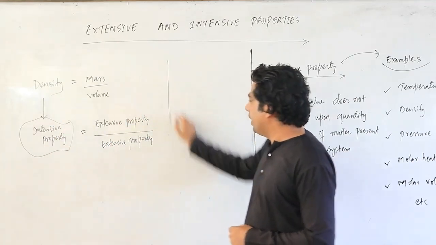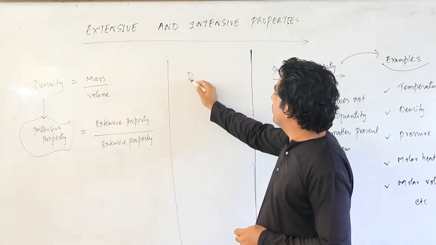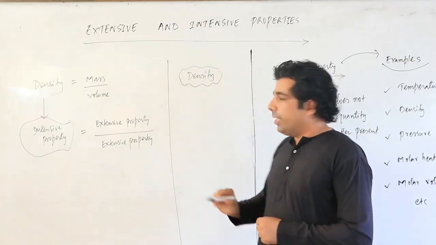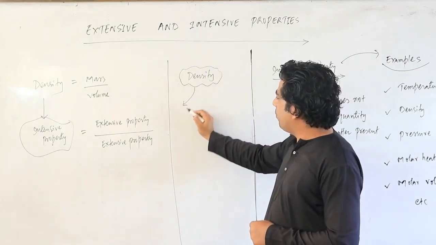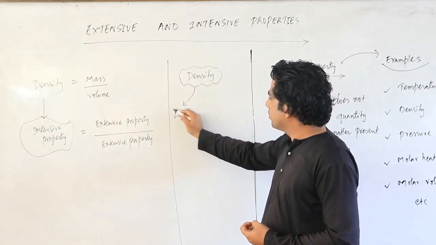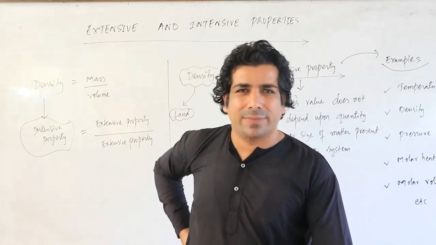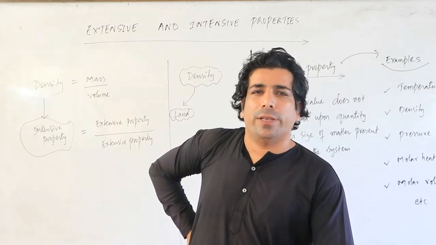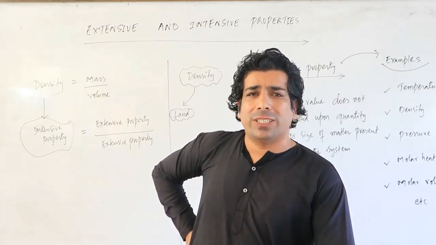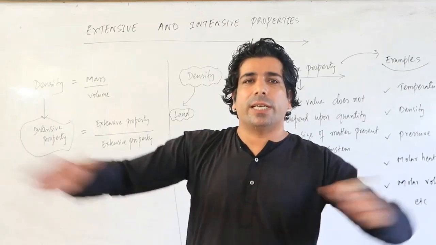So let us explain how density is an intensive property. Density. Let's suppose you have a piece of land and you have to check the density of the land. For checking the density of a land, you need not check the density of the entire land.